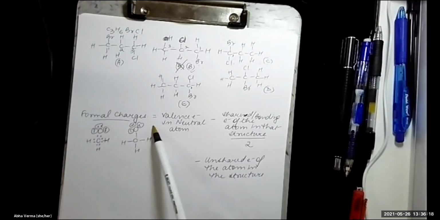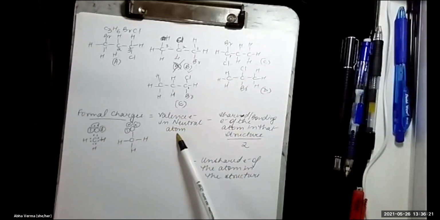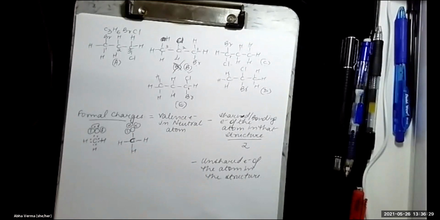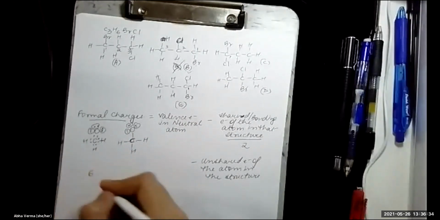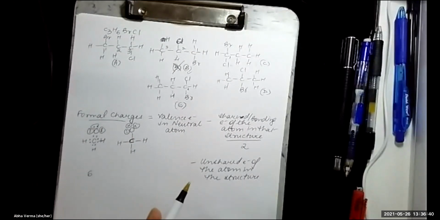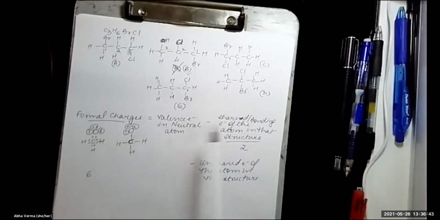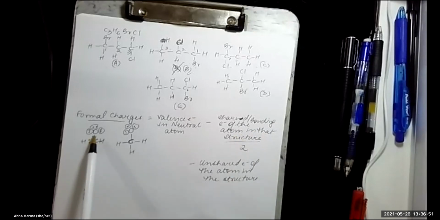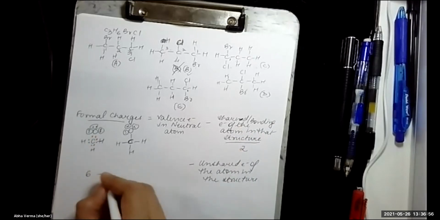Okay. So all of you have this formula down. Valence electrons in neutral atom. So how many valence electrons are there in oxygen when it is in its neutral state? 6. Right? In its neutral state. We are not worried about the structure. In this structure, how many shared or bonding electrons does oxygen have with the rest of the structure? 2. So only 2. 2 divided by 2.